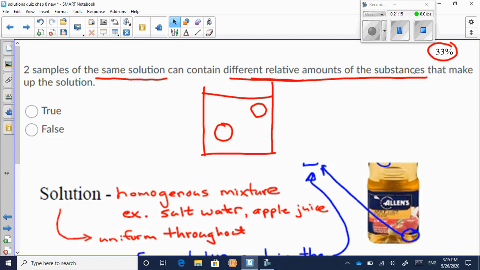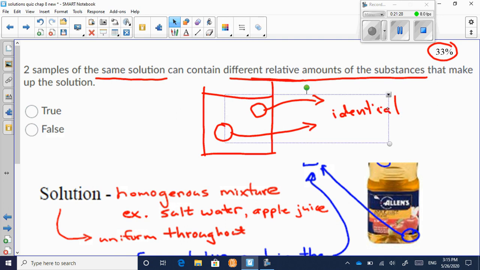No, they can't. Once everything is dissolved, if you took a sample from here and a sample from here, they would be identical. That's what makes this a solution. Okay, they're identical. So this one is false.